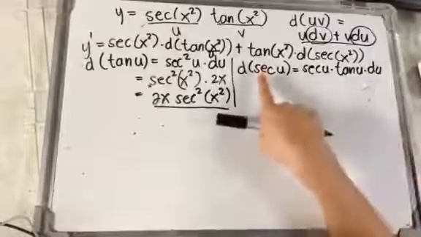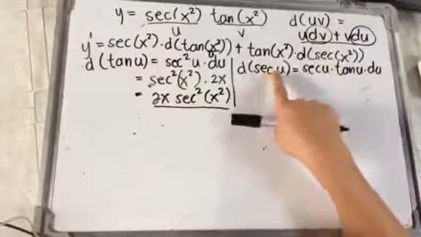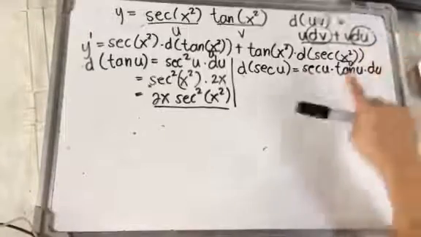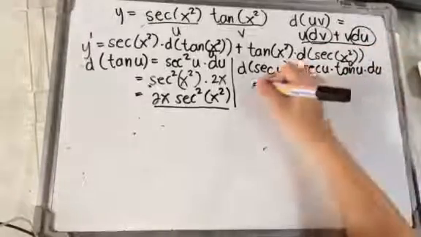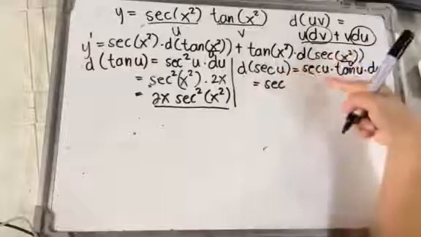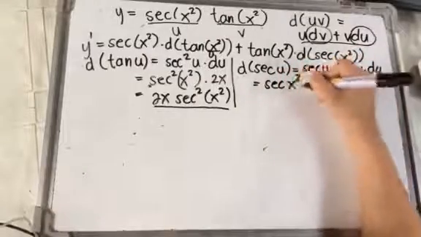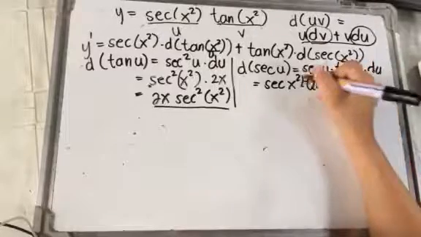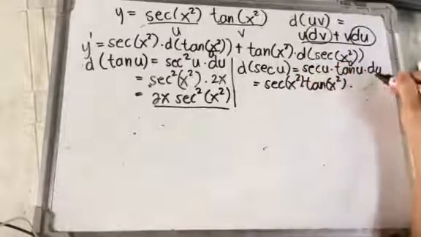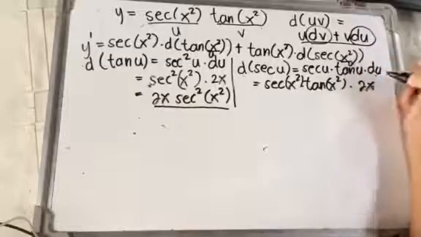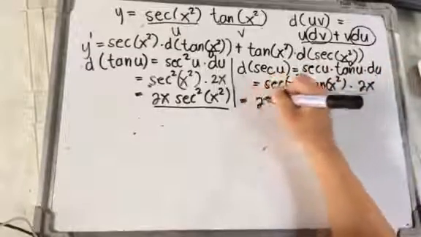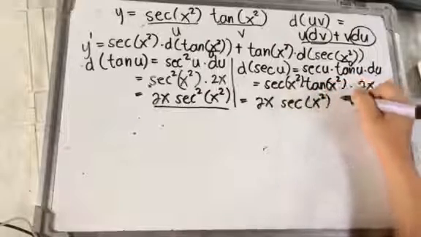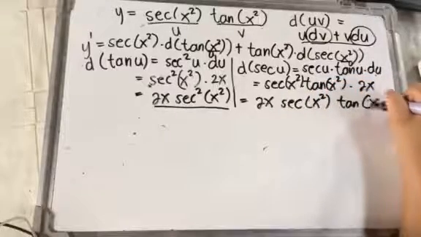Since that is of the form secant u, u is x squared. Following the given formula, that is equal to secant x squared times tangent x squared times the derivative of u; the derivative of x squared is 2x, or simply equal to 2x secant x squared tangent x squared.